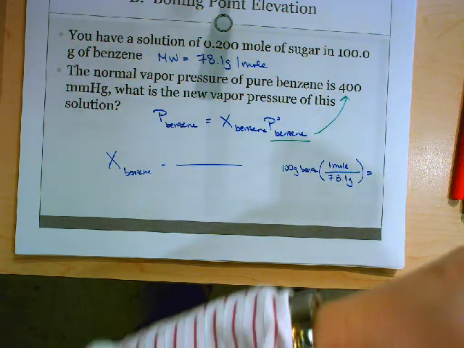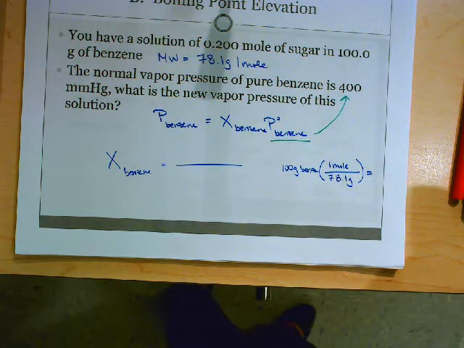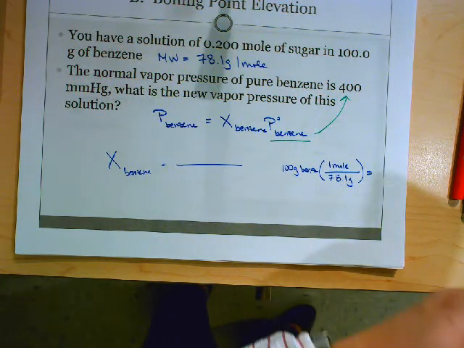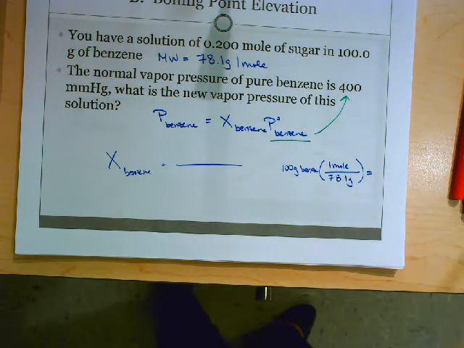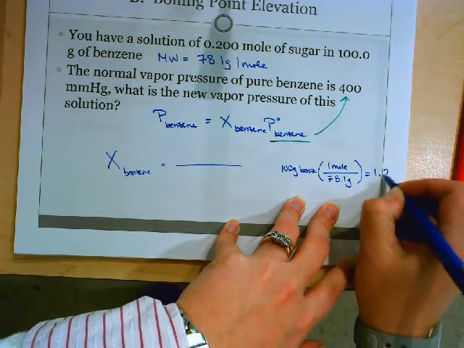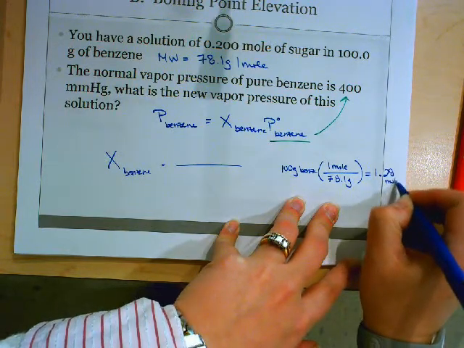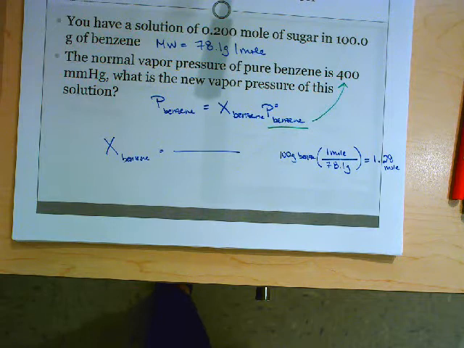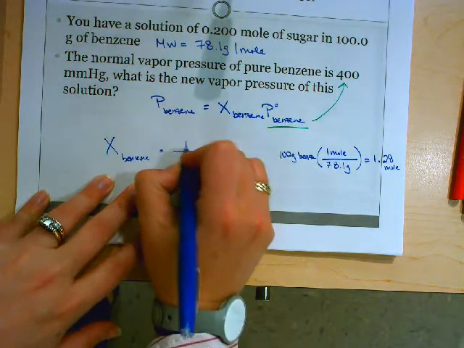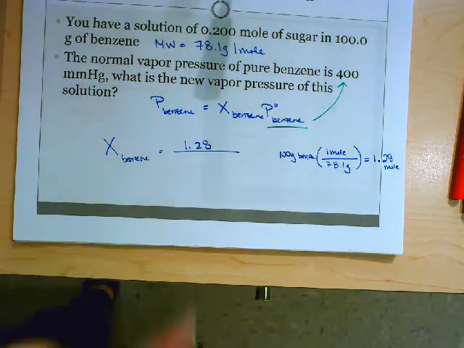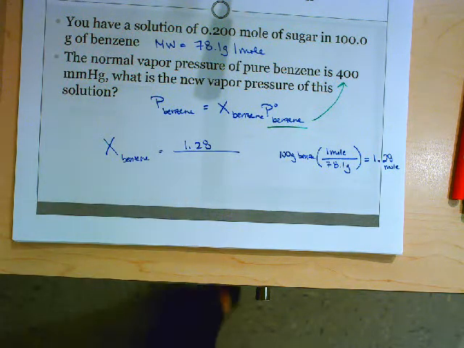Everybody should be double checking my math today. I actually didn't look at my notes before I walked in here, so good chance I'm going to mess something up. We got 1.28. Okay, so that goes on top. What goes in the denominator of my mole fraction then? Total moles.